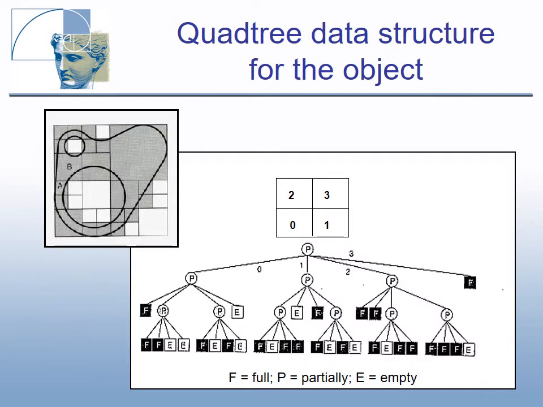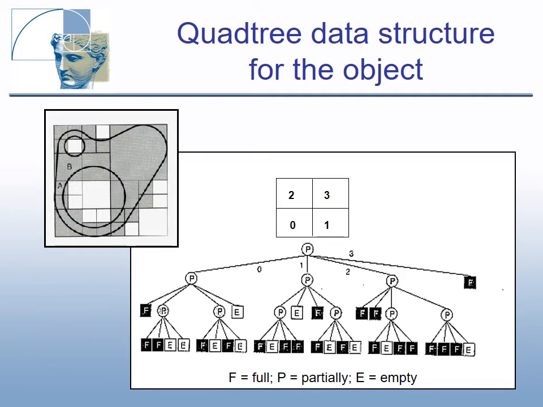Let us see how the quadtree data structure is organized. We should give the minimal cell size, and when it is reached, subdivisions stop. The root of the tree represents the entire object. Then, it is divided into 4 quadrants, numbered as shown at the top of the tree. The root has 4 subtrees corresponding to the 4 quadrants.